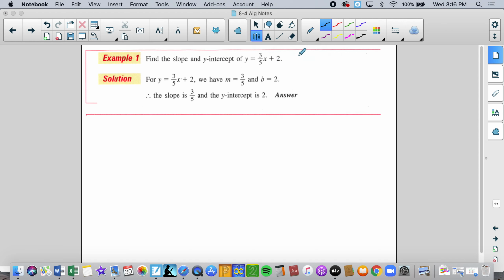As I mentioned, when we get y isolated, typically a linear equation will be in this form, where the coefficient of x is considered the slope, and the constant, whatever is being added or subtracted, is considered the y-intercept.